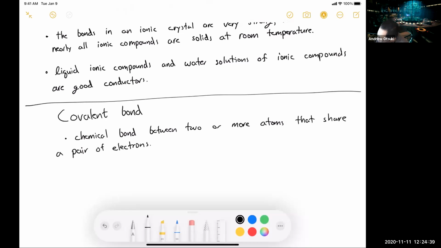So with ionic bonds, electrons are transferred, or they're stolen by the anion or nonmetal, and the metal donates the electrons. In this case, instead of transferring, they share their electrons. So each participates an electron from both elements, or atoms, of the bond. So they share their electrons instead of it being transferred.